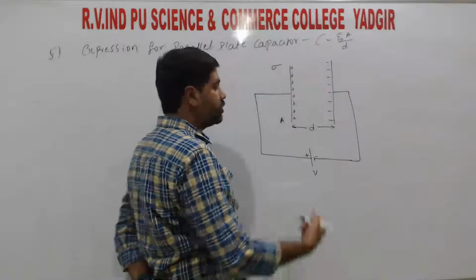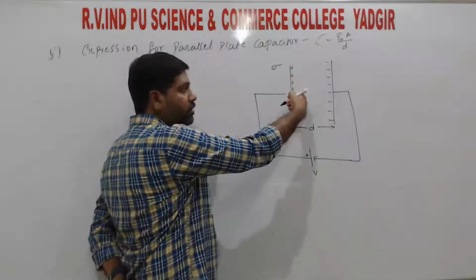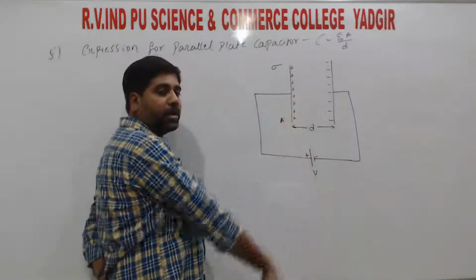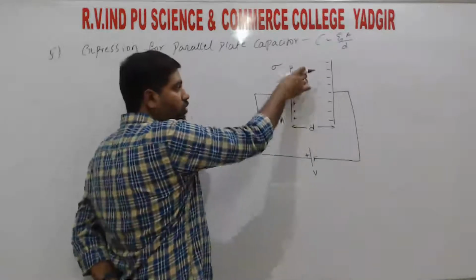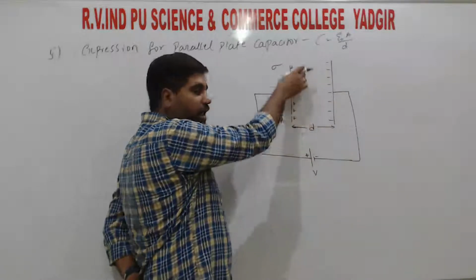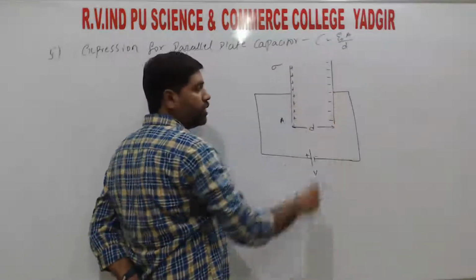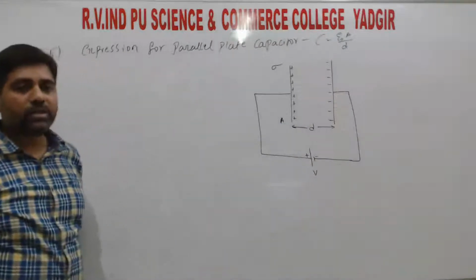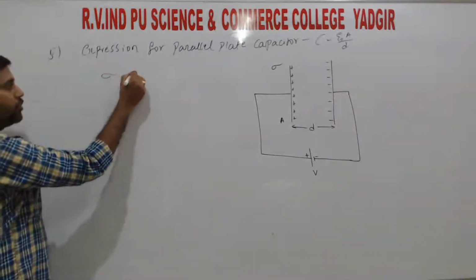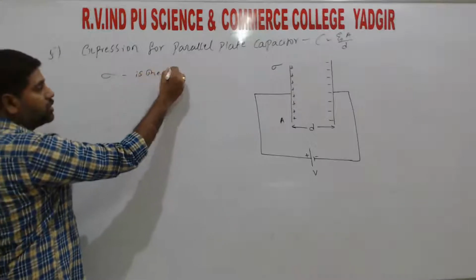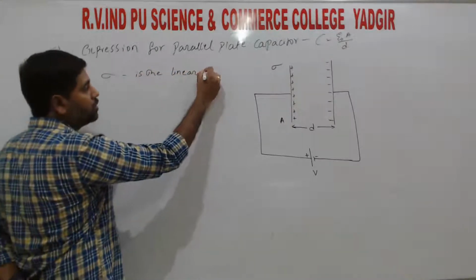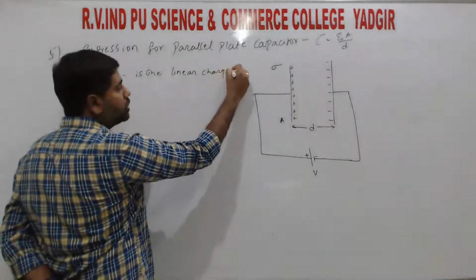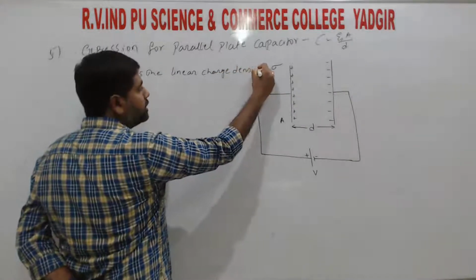Here sigma is the charge density, with a uniform distribution. So the charges distribute uniformly on the plate. We are considering only one plate, right? We can consider either this plate or that plate.